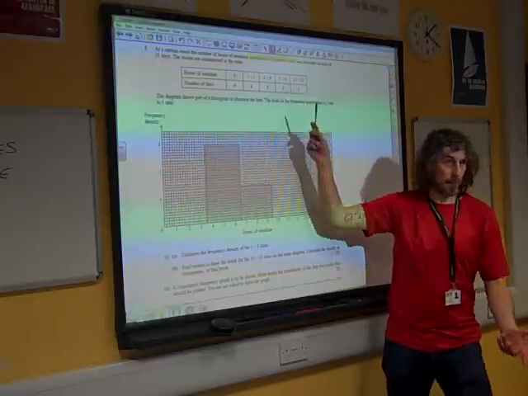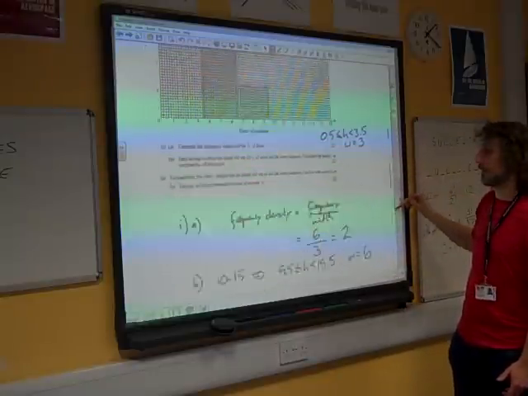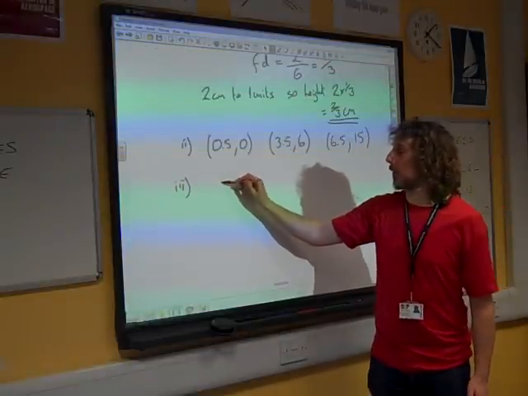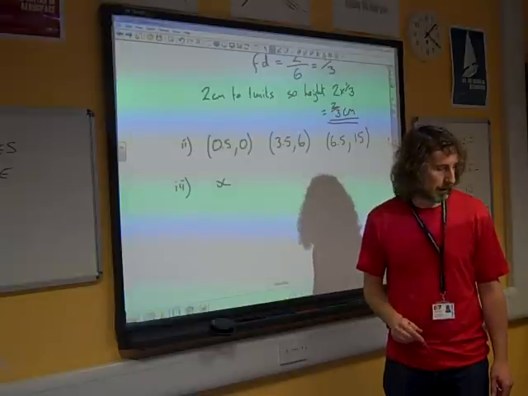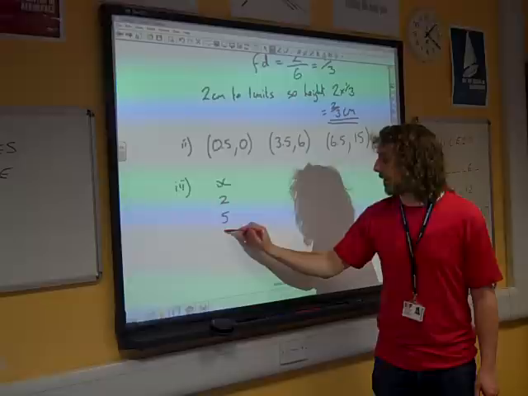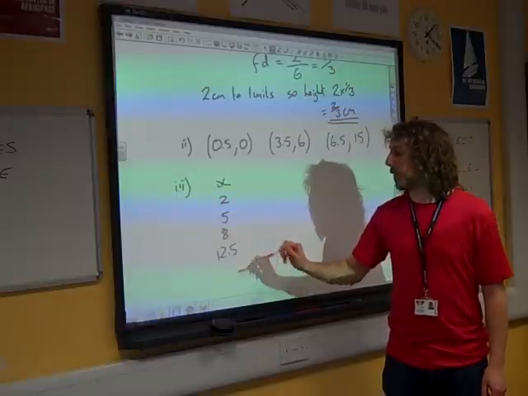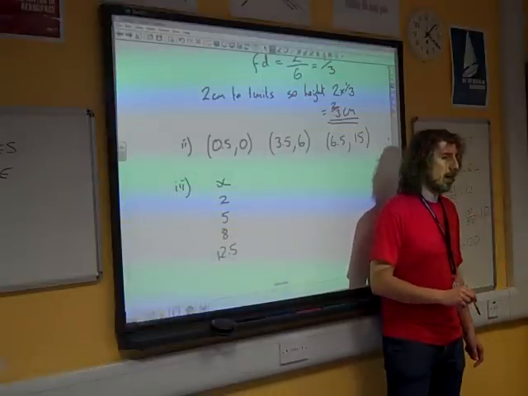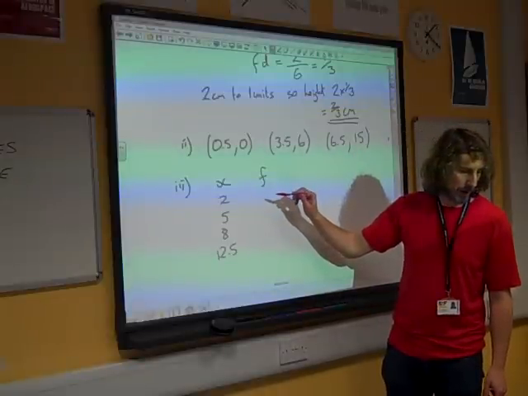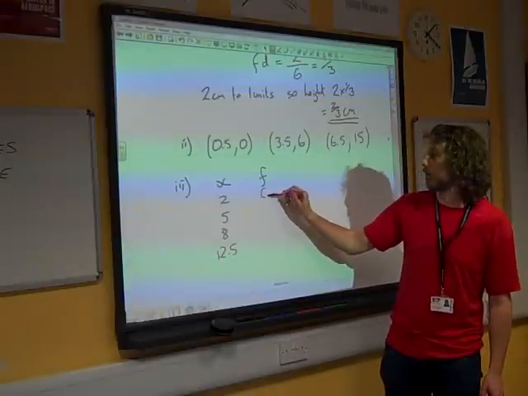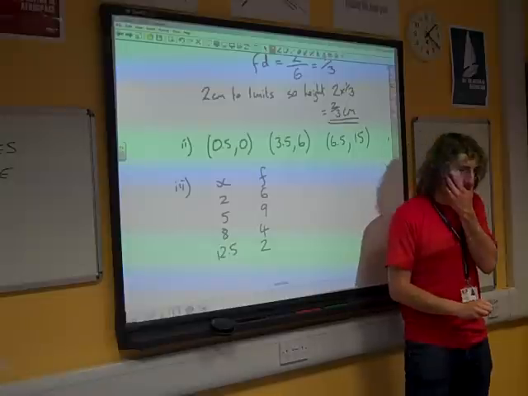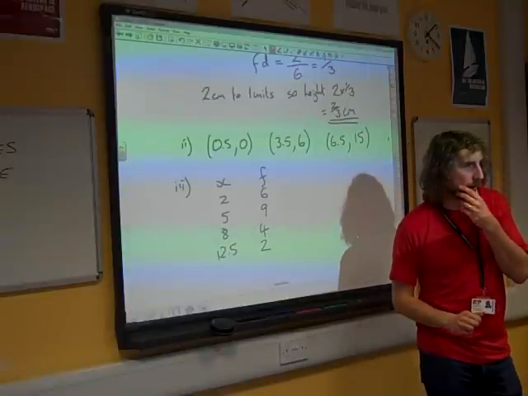So we need a little table of values for this. I've got my x values for my midpoints as being 2, 5, 8 and 12.5. The frequencies were given in that table as being 6, 9, 4 and 2. Now let's think what we're needing here.